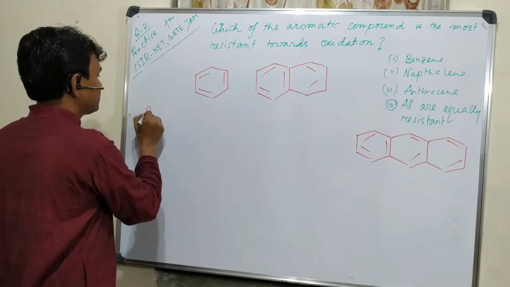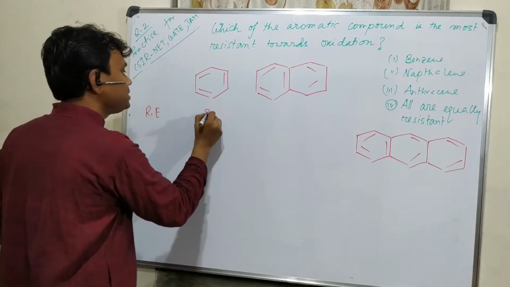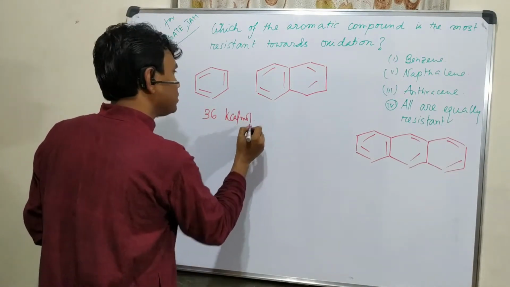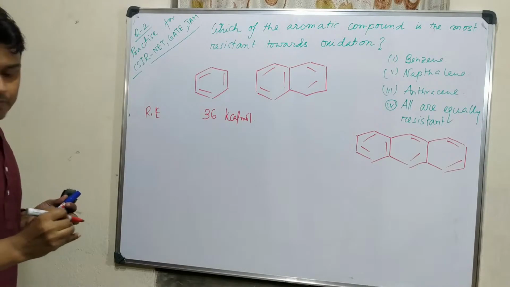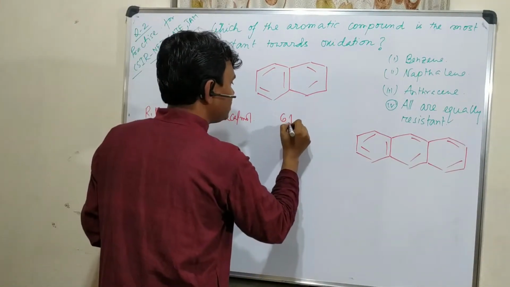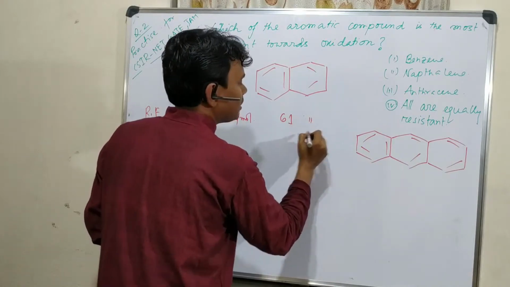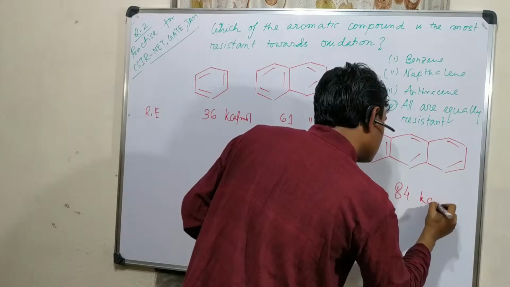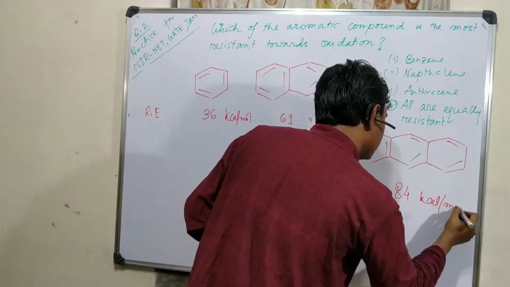The resonance energy of benzene is 36 kilocalorie per mole, naphthalene is 61 kilocalorie per mole, and anthracene is 84 kilocalorie per mole.